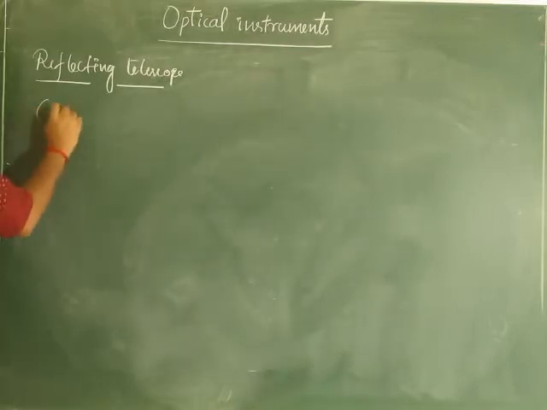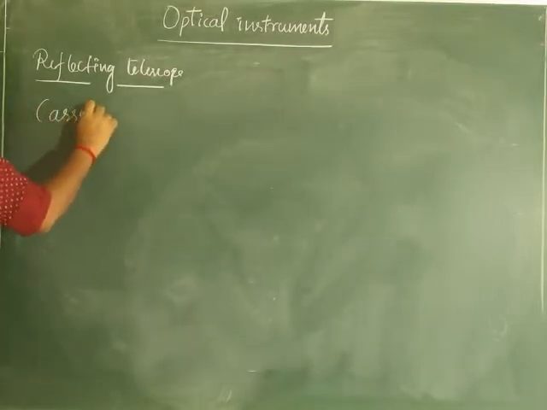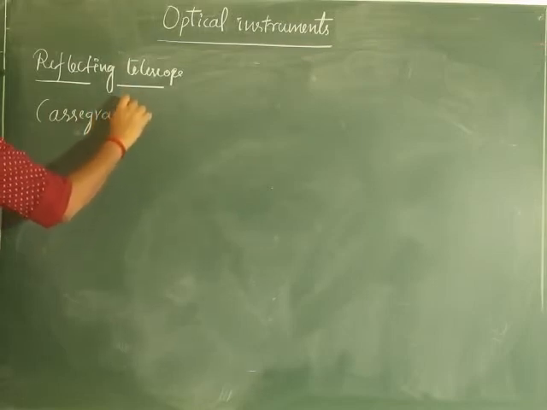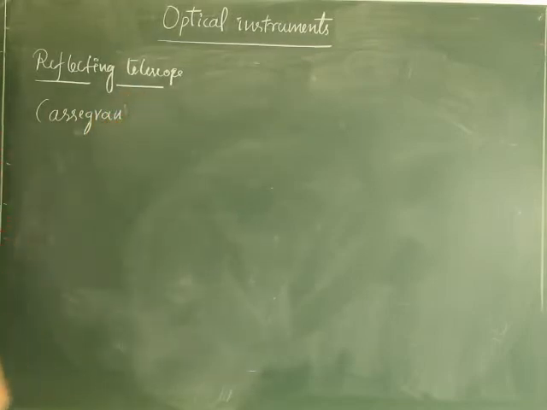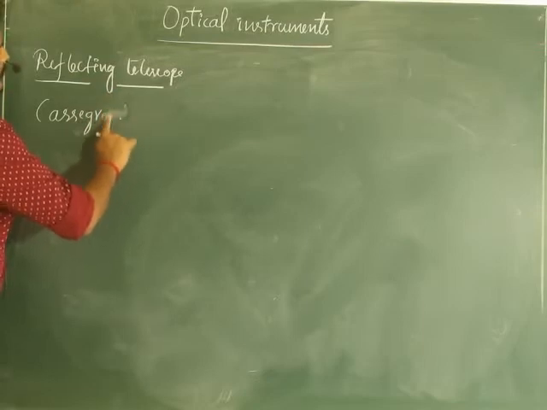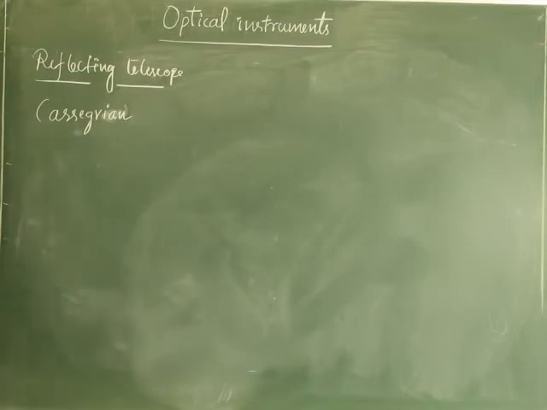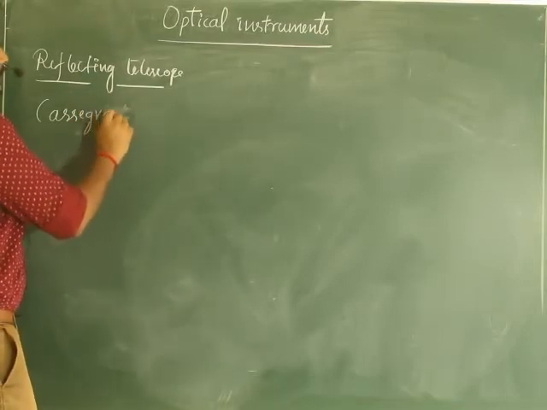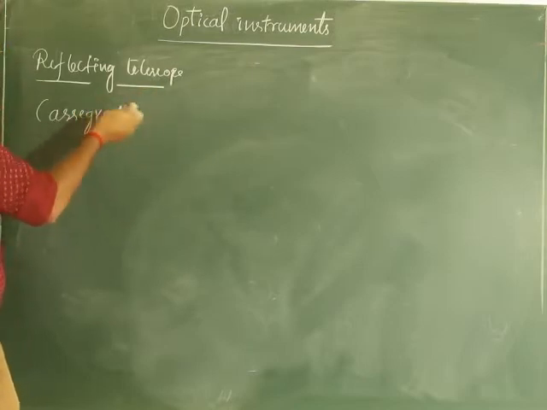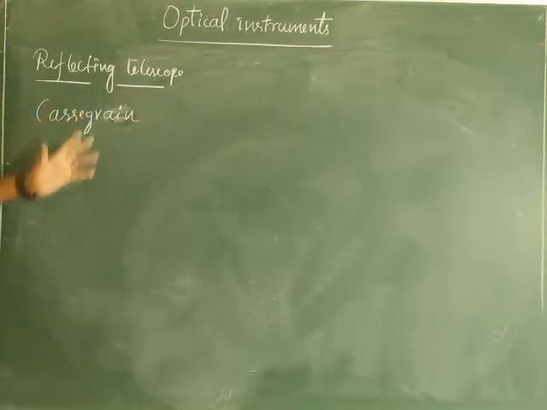His name was Cassegrain. So the Cassegrainian telescope it is.